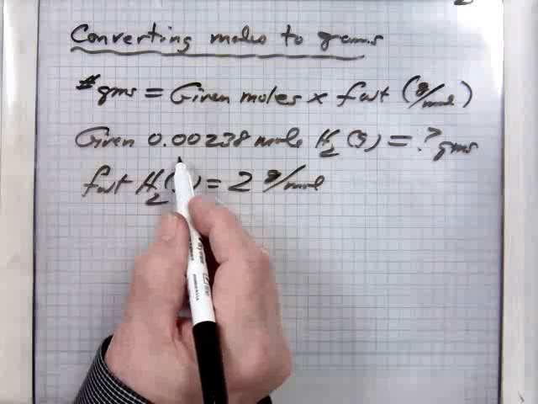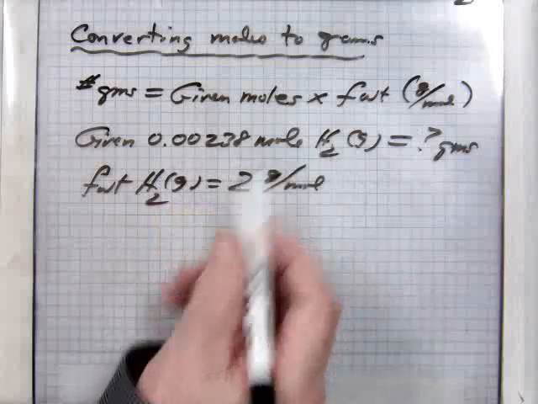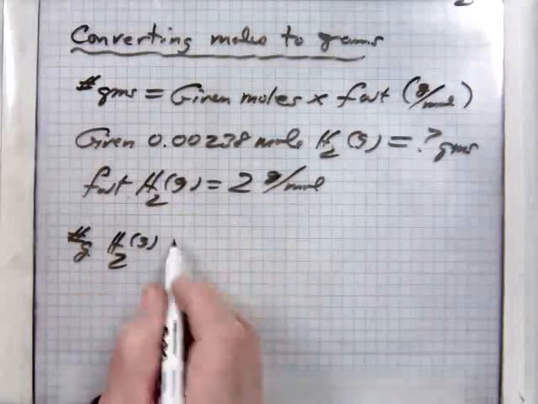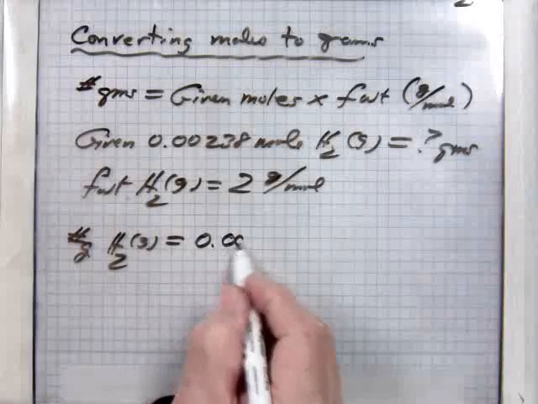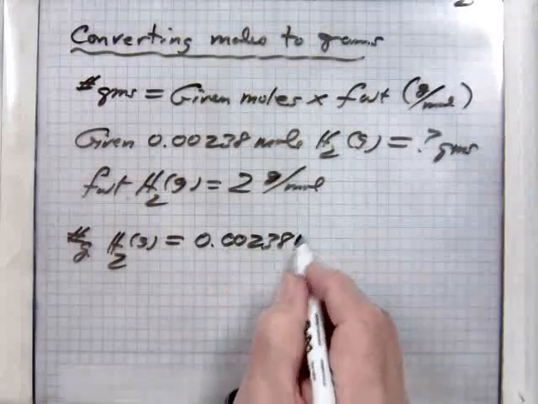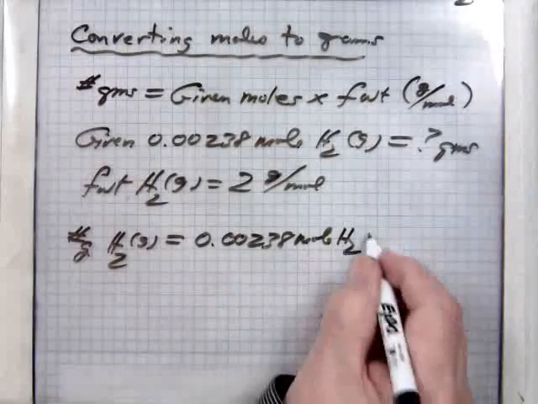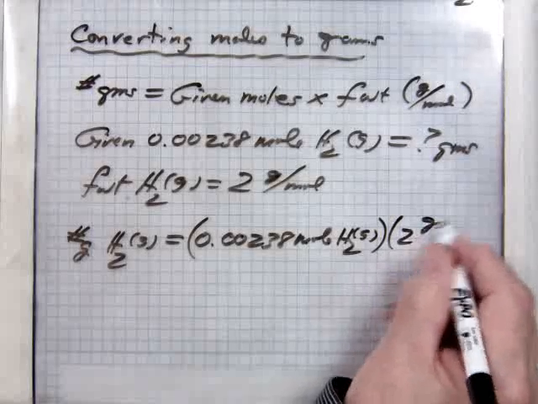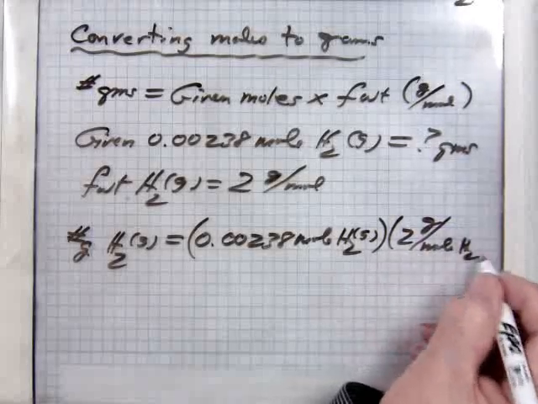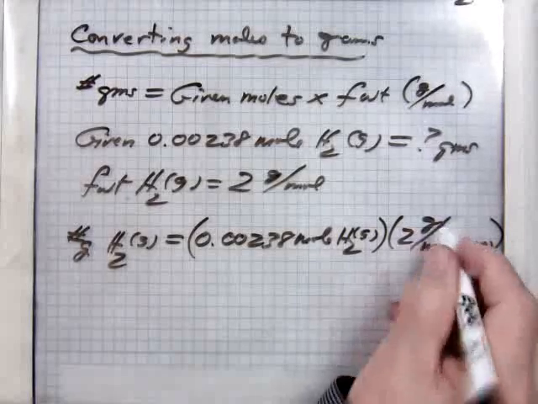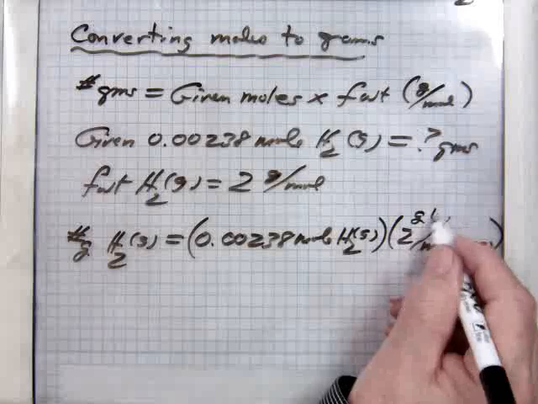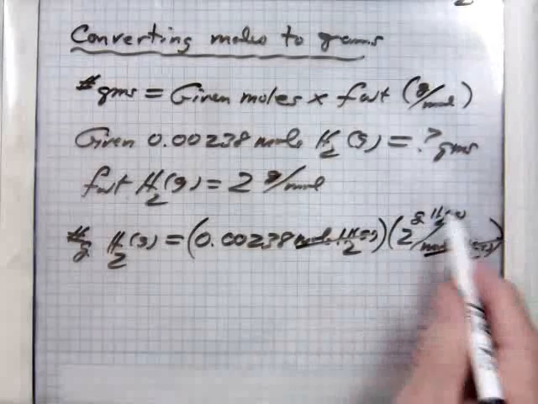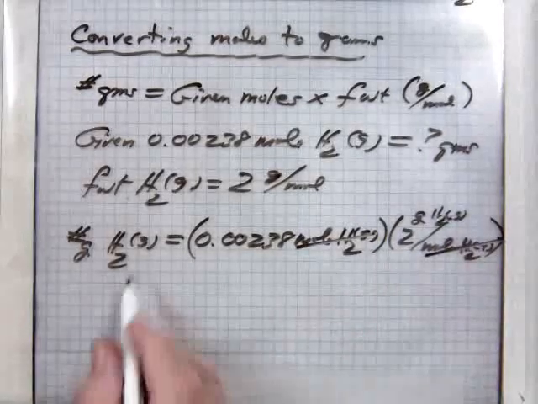And so you're given 0.00238 mole, then the number of grams of H2 gas now is equal to 0.00238 mole H2 gas times 2 grams per mole H2 gas. Put it all in there. That cancels with that, and you're left with only grams of H2.